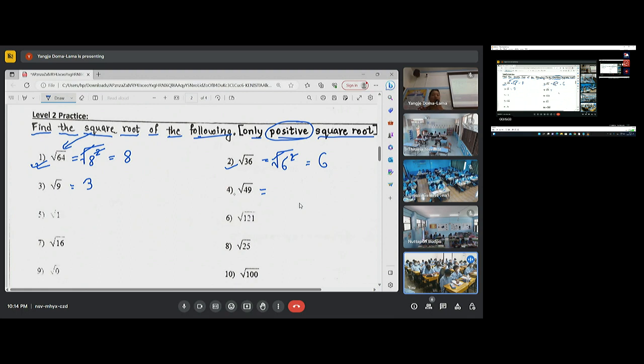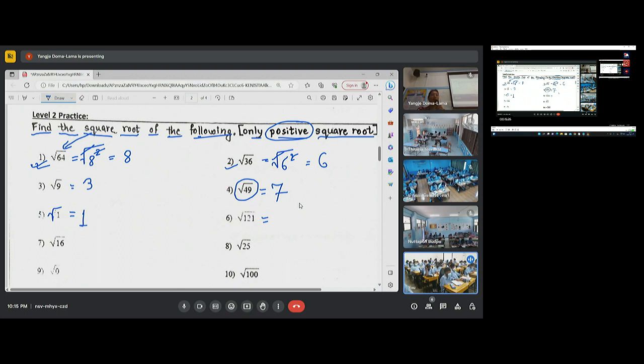Number 4, what is this? How do you read? Root 49 is 7. Number 5, what is this? Root 1 is 1. Yes? Number 6, what is this?